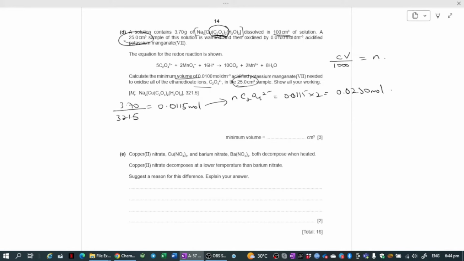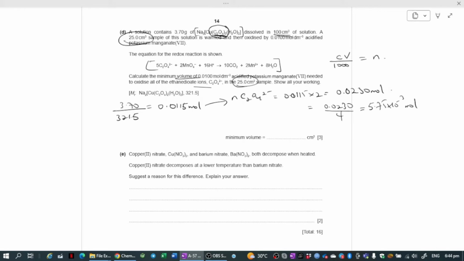We took out 25 cubic centimeters in our sample. So the number of moles that are actively being used in the titration would actually be 0.0230 divided by 4, right? Because 100 divided by 25 is 4. So 0.023 divided by 4 is 5.75 by 10 to the minus 3 moles of ethane dioate.